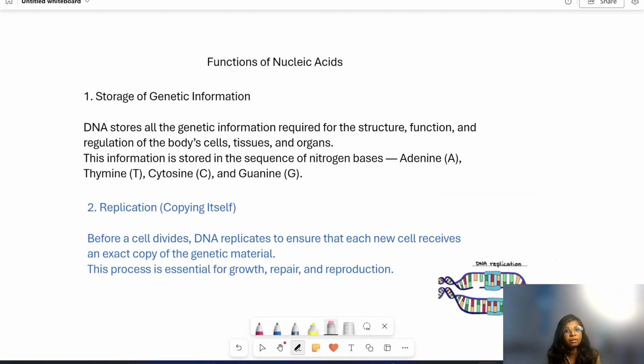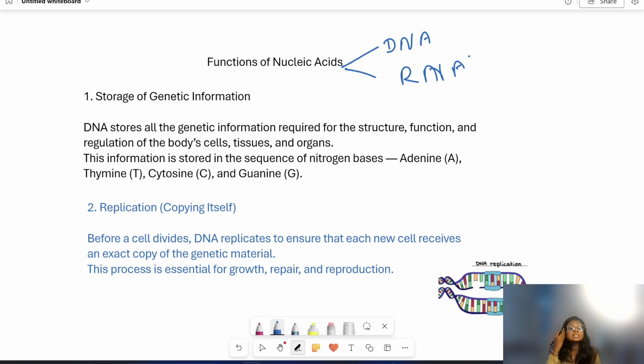When talking about the functions of nucleic acids, here we are talking about the functions of both DNA and RNA. The first function is storage of genetic information. We know DNA stores all the genetic information required for the cell structure, functions and regulation of body cells, tissues and organs.